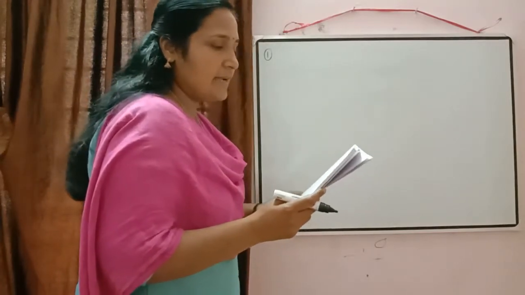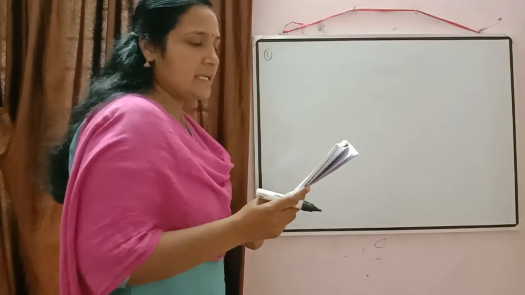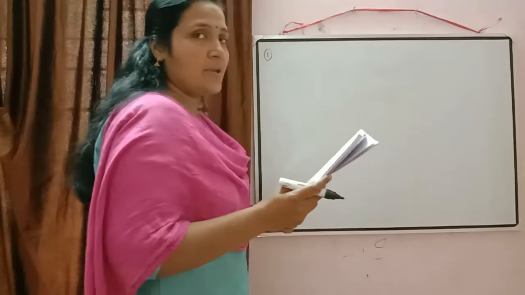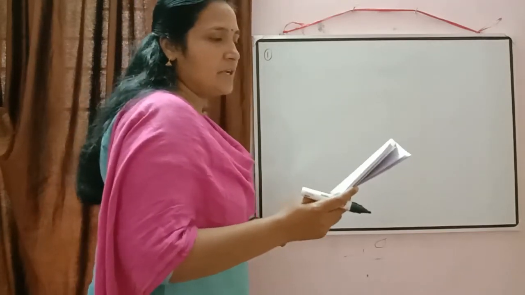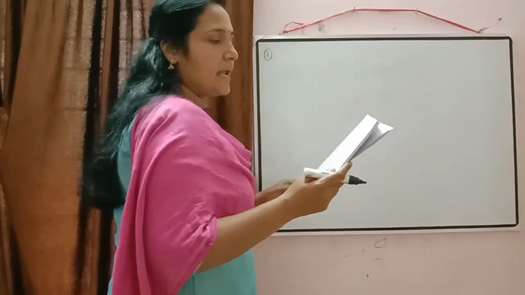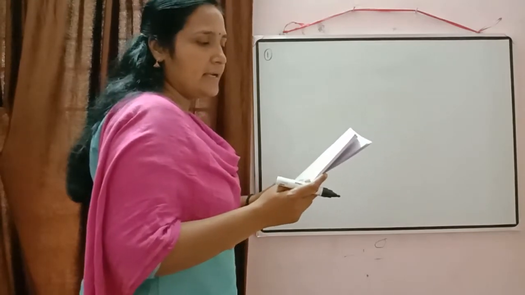If each observation is multiplied by 2, find the new variance and new standard deviation.